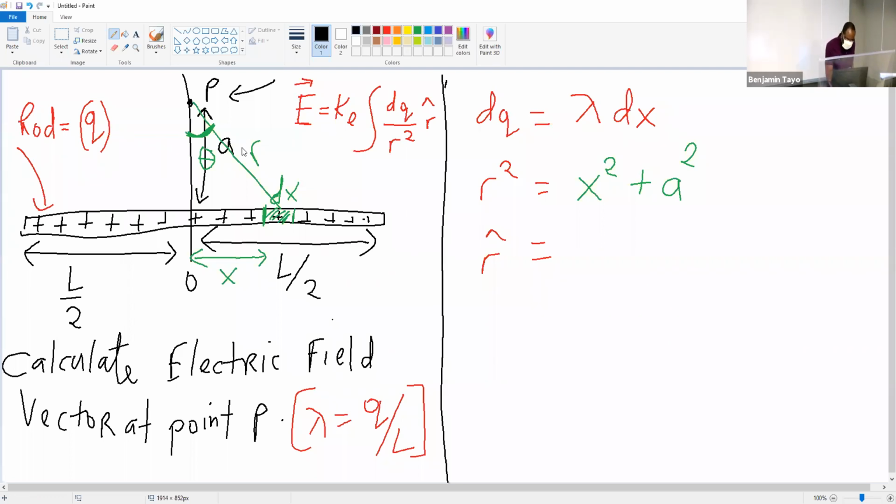So if this angle is theta, then that is the same angle, right? That theta. It means that my r hat vector is pointing in the northwest. Northwest means that the x component is negative, the y component is positive. So you can see that my r hat vector is equal to negative, in this case, negative sine.